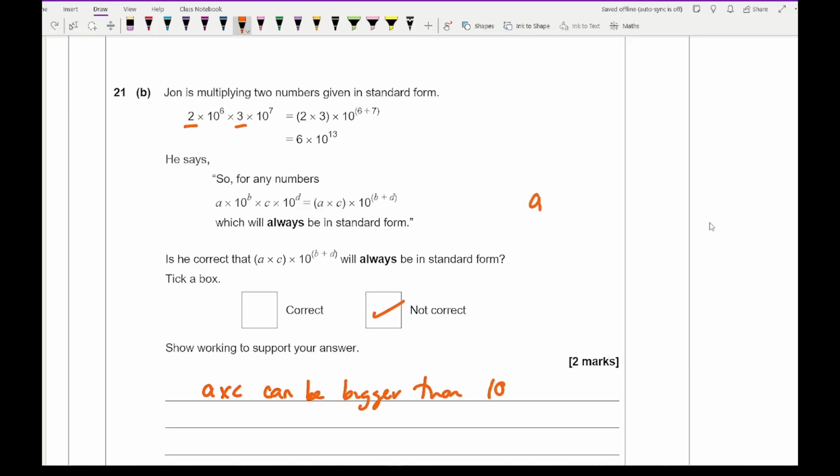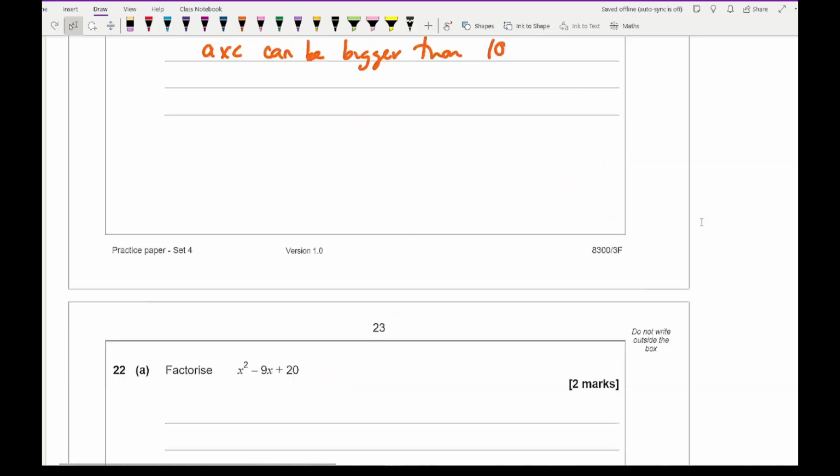You need to remember that when we're using standard form, A needs to be a number between 1 and 10. And so A times C, because there's no restriction, could be bigger than 10. So if that's going to be bigger than 10, then we need to manipulate the power. So unfortunately, John is wrong.